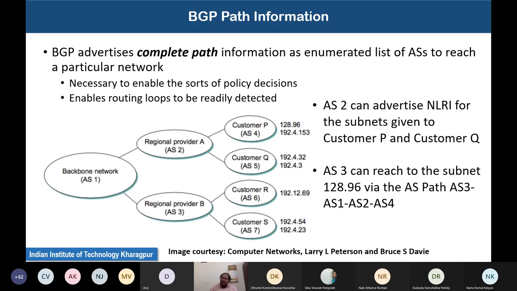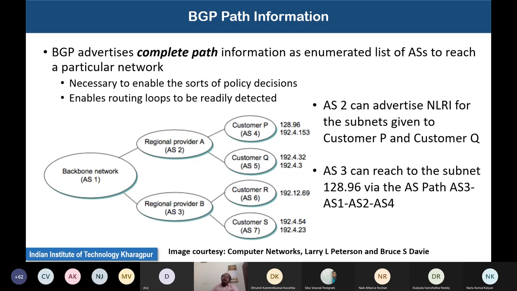When the packet is forwarded to the next hop, we again decide the further next hop from that intermediate router. That is how a typical CIDR routing table works. But in contrast, in BGP we do not maintain that kind of next hop information. Rather, we maintain the entire path information.